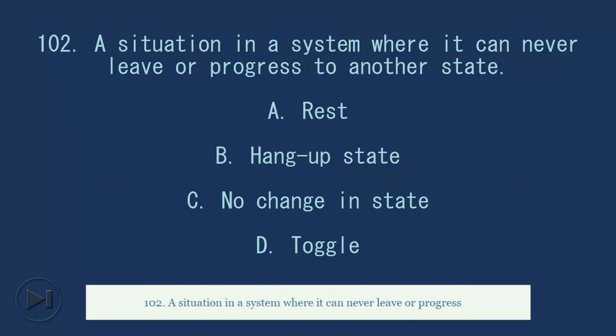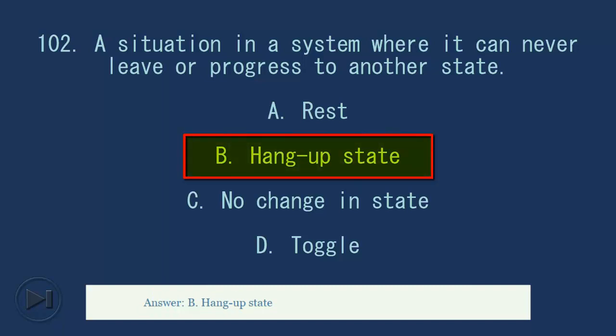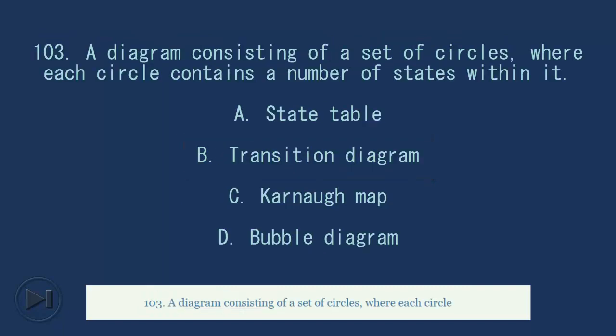102. A situation in a system where it can never leave or progress to another state. A. Rest. B. Hang up state. C. No change in state. D. Toggle. Answer, B. Hang up state. 103.